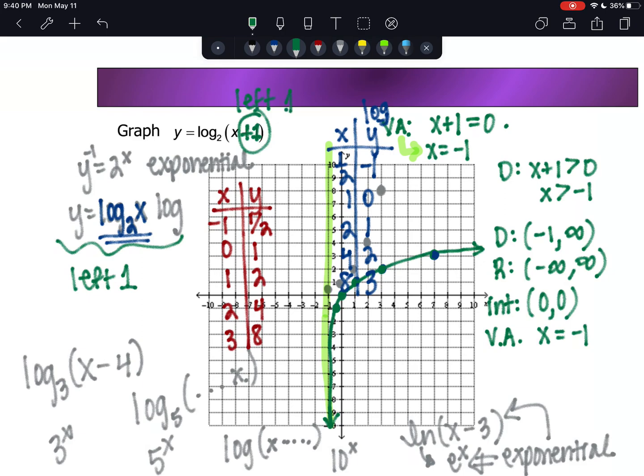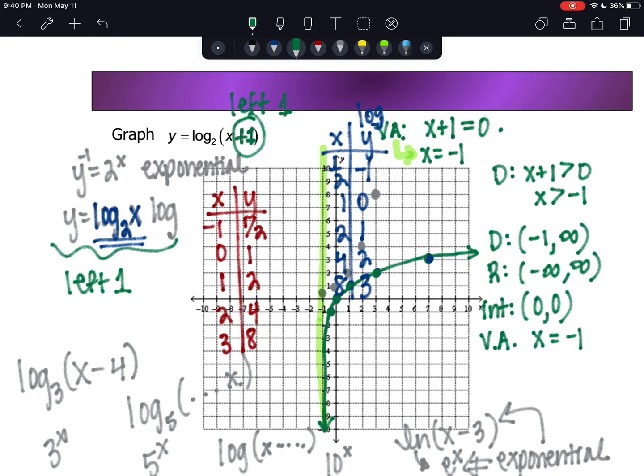Then left 1, left 1. So when we go left 1, we subtract 1 from x because we're going to the left. So instead of 1/2, when you subtract 1, you get -1/2, -1.